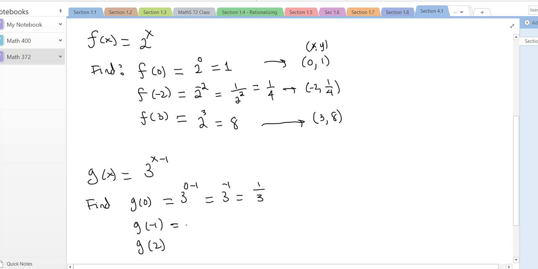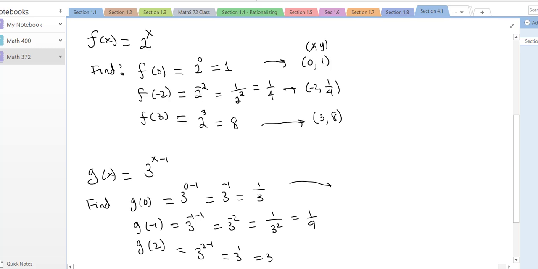G of negative 1, so that'll be 3 to the minus 1 minus 1. So that's 3 to the minus 2. So similar as we did here, 2 to the minus 2, the negative really means it belongs in the denominator. So I get 1 over 3 squared, which is 1/9. And g of 2 becomes 3 to the 2 minus 1, so it's 3 to the 1, which is just 3.